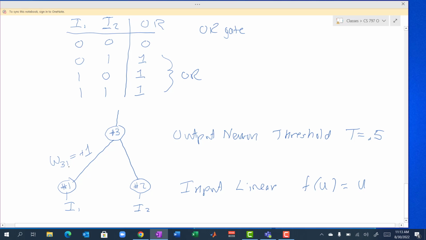So this weight goes from 1 to neuron number 3. And here, this would be called W3,2, because it goes from 2 to 3. And its weight value is going to be +1. So remember how a neuron works. It takes its input, sums up all the inputs, applies the activation function, and then spits out the output. So let's process this up here with our data.